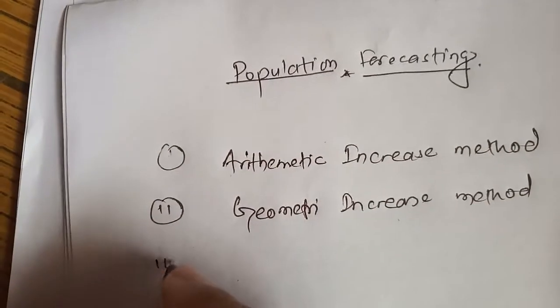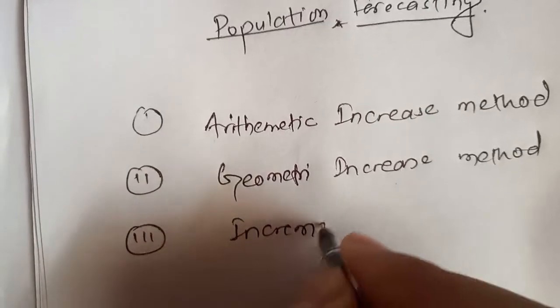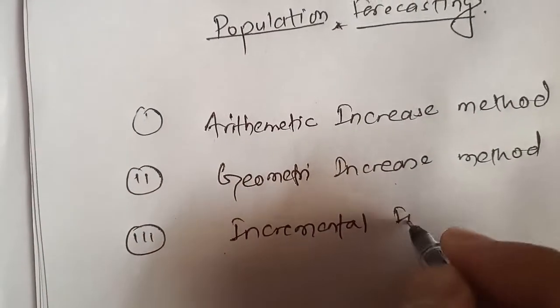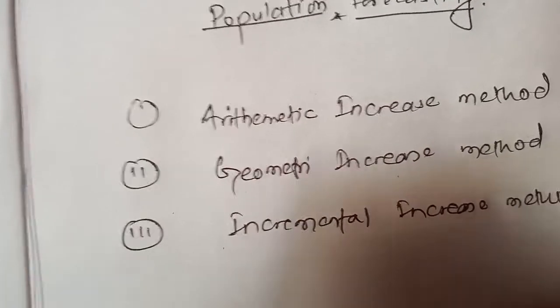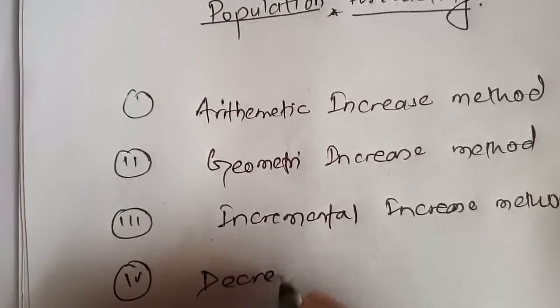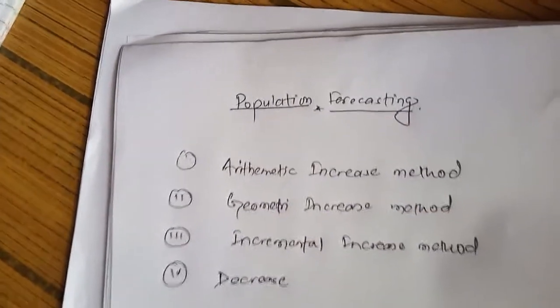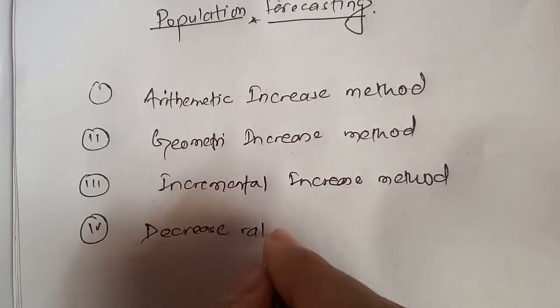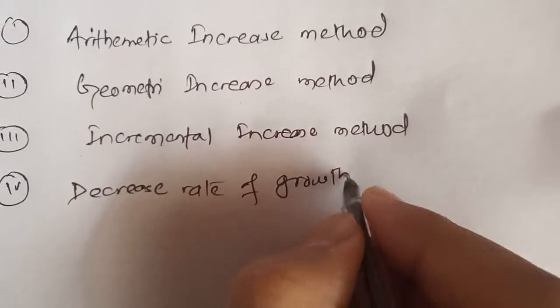Third is our incremental increase method. Fourth is our decrease rate of growth method.